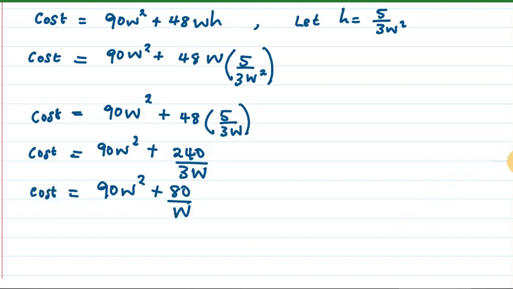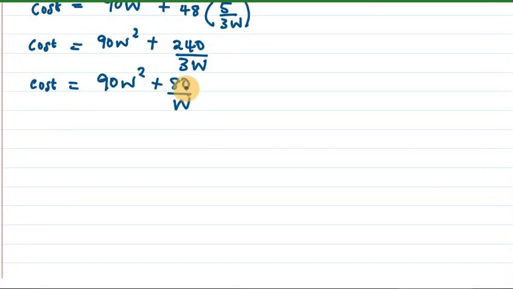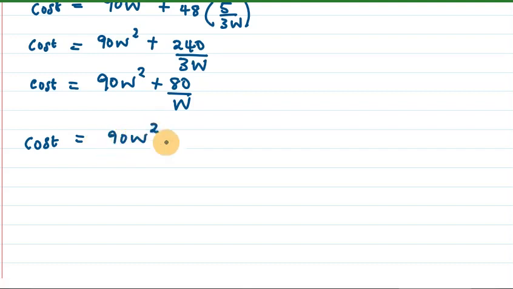So from here, you know that 8 over w can also be written as, let's just continue with the cost, 90w squared plus 8. You can rewrite this 1 over w as w to the power of minus 1. So you now differentiate this one so that you minimize the cost.